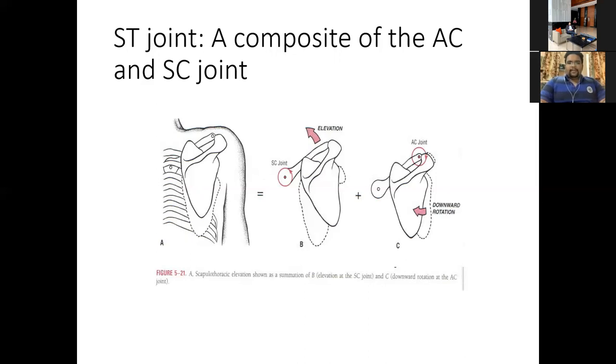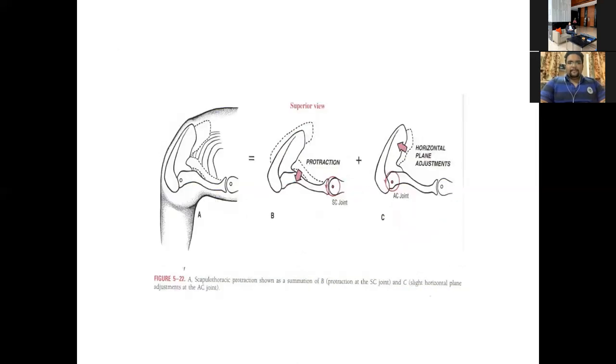Now here we can see picture B is showing the SC joint elevation along with the summation of C, that is showing the AC joint downward rotation, causing elevation at the scapulothoracic joint. Moving up to another summative picture, that is the scapulothoracic protraction. How is this occurring?